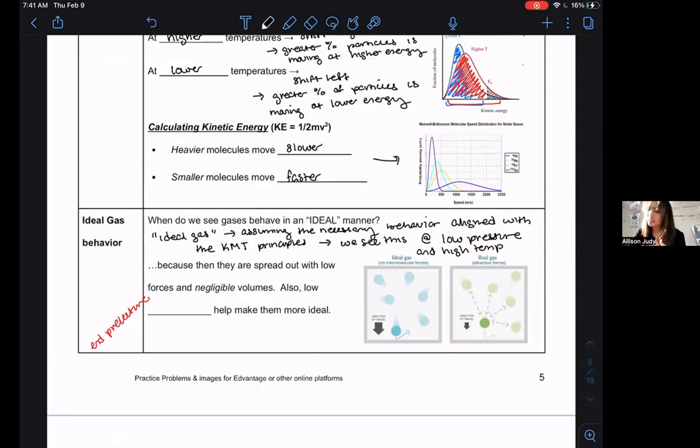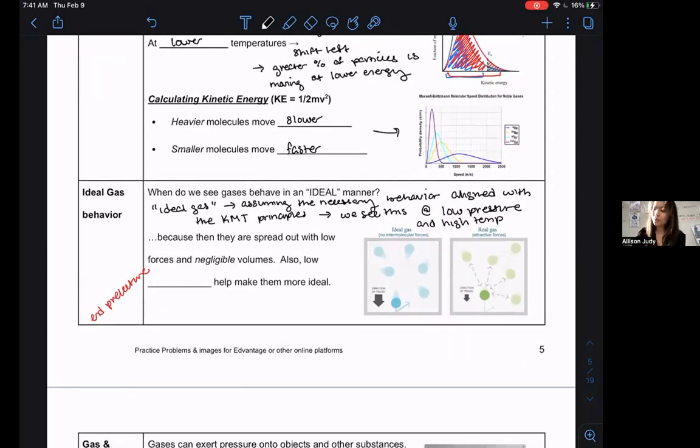In addition, it's really helpful when gas particles have super low mass. It also helps them behave more ideally, or in a way that aligns with kinetic molecular theory, that allows us to then take the equation that I will introduce tomorrow, known as the ideal gas law, and apply it effectively.